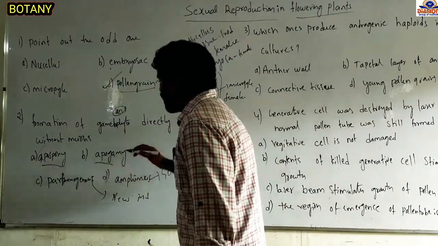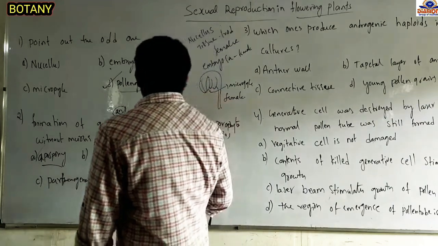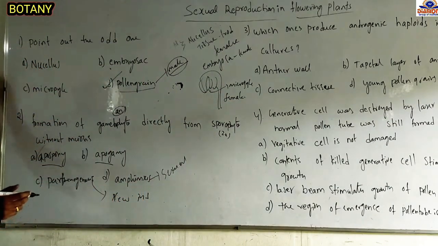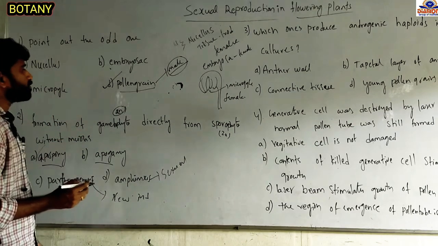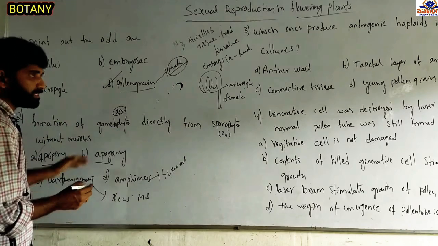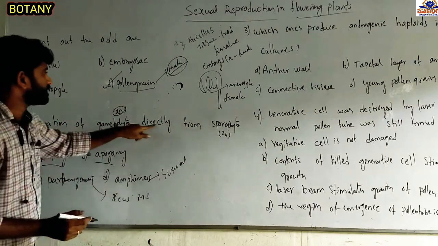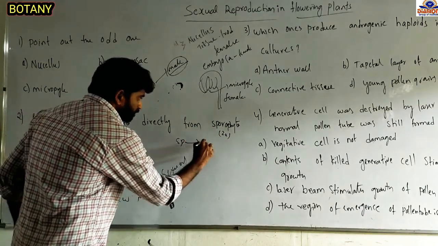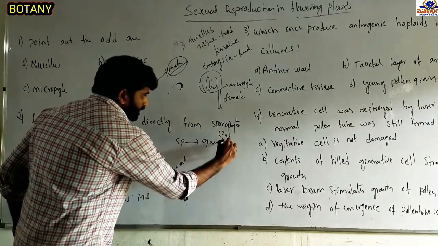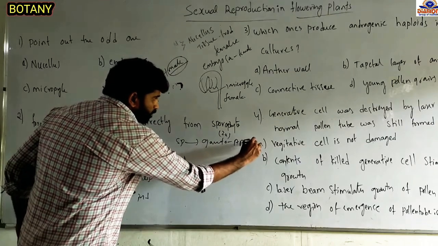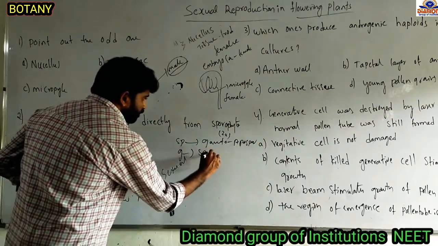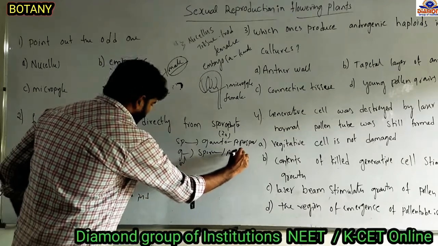And apogamy, what's the meaning of apogamy? Formation of sporophyte from the gametophyte. Formation of sporophyte from the gametophyte means the reverse. Here the gametophyte is directly from the sporophyte. So sporophyte to gametophyte is called apospory, and gametophyte to sporophyte is called apogamy.